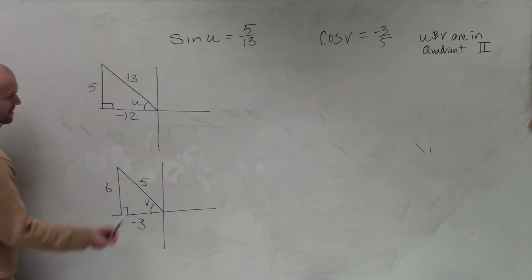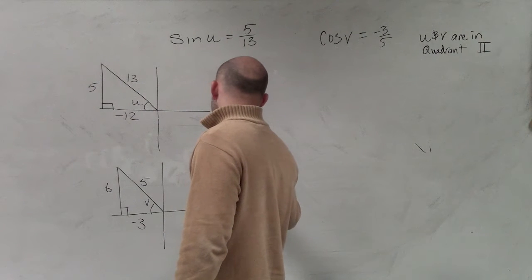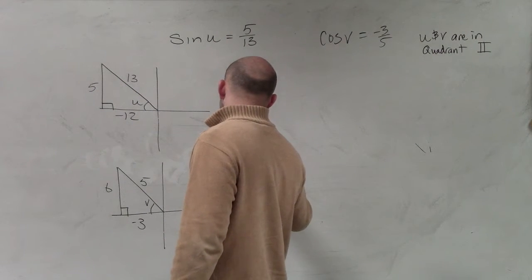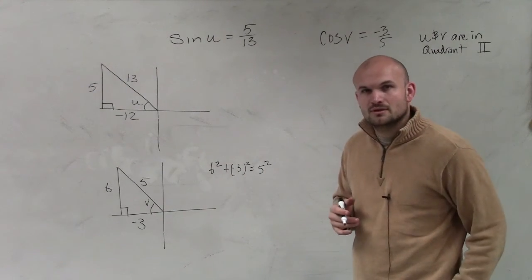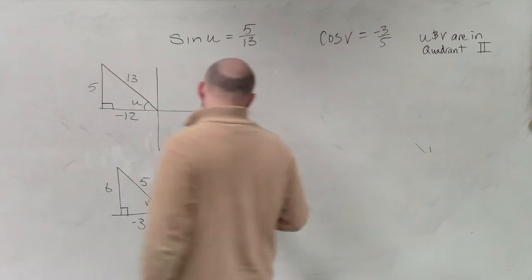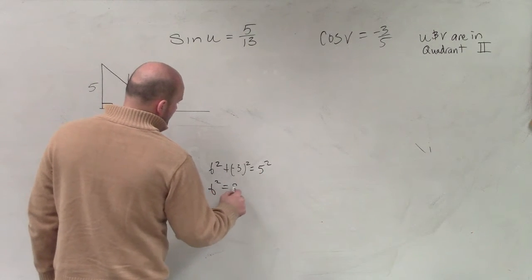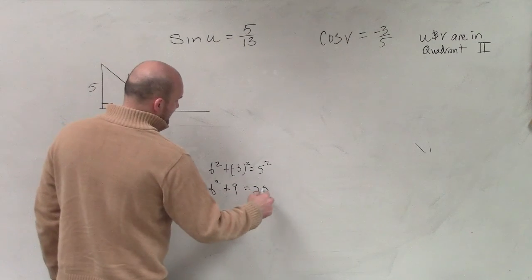So I'll call that b. So in this case, I'll have b squared plus negative 3 squared equals 5 squared. So now b squared plus 9 equals 25.